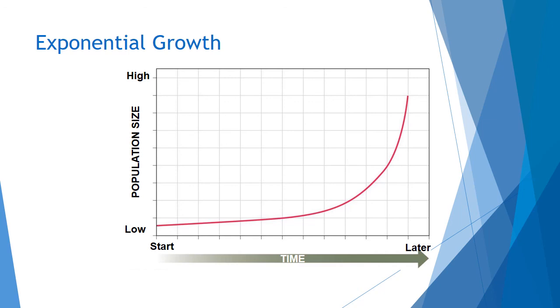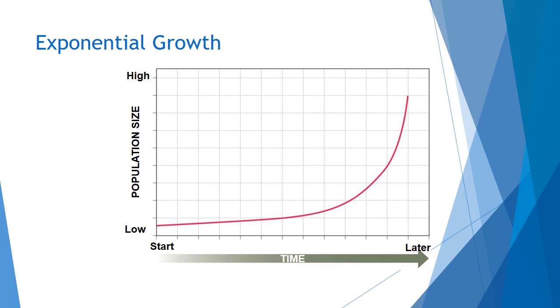Exponential growth. This is when populations do not have any limiting factors. So there's plenty of resources, there's abundant resources, and the populations are able to just grow exponentially. There's no limiting factors or anything like that. And exponential growth you might also see as a J. You can see this J shape.